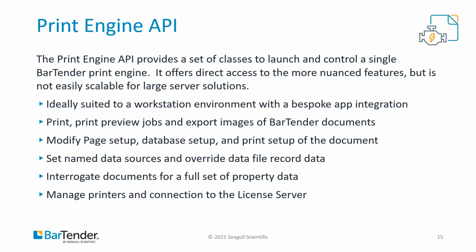So if you have a bespoke app that you want to run on a workstation, on a client PC, and they're interacting with this app performing different functions. One of the functions, of course, is to print a BarTender document. Then making use of the Print Engine API is ideal for that use case.